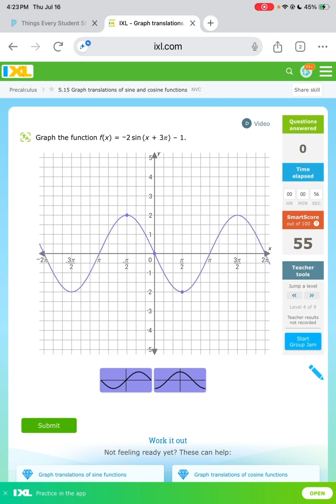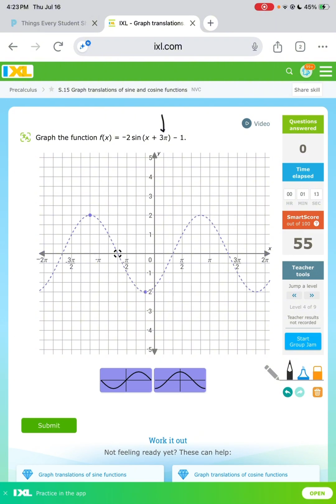And the other transformations, here's what makes it tricky, is inside where that 3 pi is located. We're going to move it left 3 pi. Well, moving it left 2 pi or 360 is going to give the same graph, so I don't actually have to do that. I can just simply move it left a single pi, and it's going to be exactly what it was before. We're going to move it down 1 unit, and that's what our graph's going to look like.